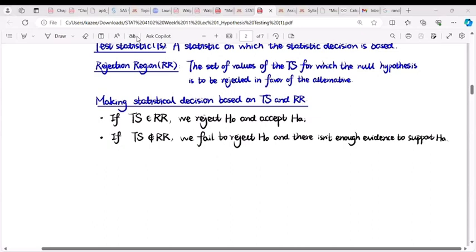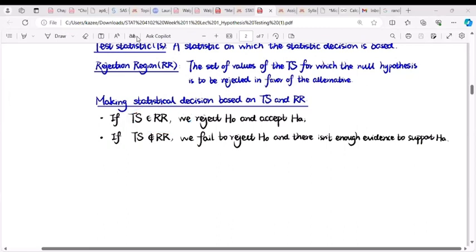Okay, now can you hear that, right? So if the test statistic lies in the critical region, we're going to reject the null hypothesis. That is when the test statistic falls in the rejection region.